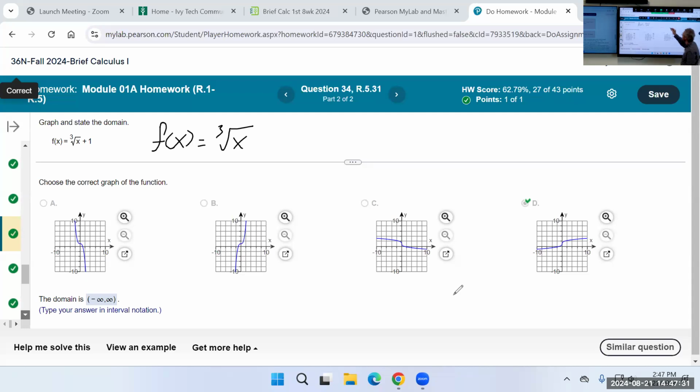Like for instance, the cube root of -8, that exists, that's a real number. So there are no restrictions as far as the cube root goes. It looks like the square root, so my radar kind of goes up, but I can plug in negative numbers there. That one's okay. So the domain is all real numbers.